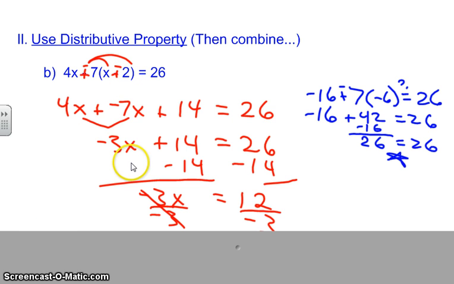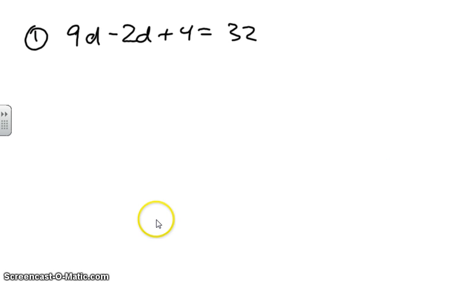All right, I'd like you to try 3 other guided examples, and then you're on your way today. So pause the video, give this a try, and come on back. All right, I hope you're changing your subtraction to adding the opposite. 9d plus a negative 2d is 7d.